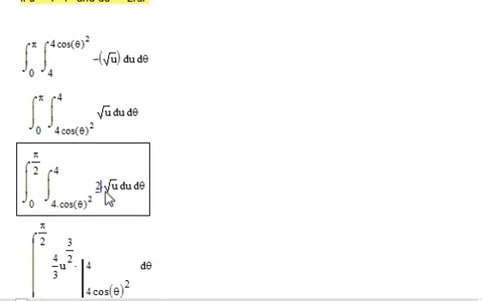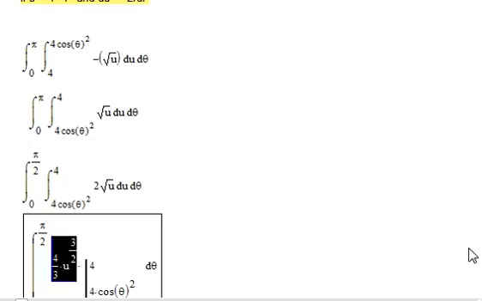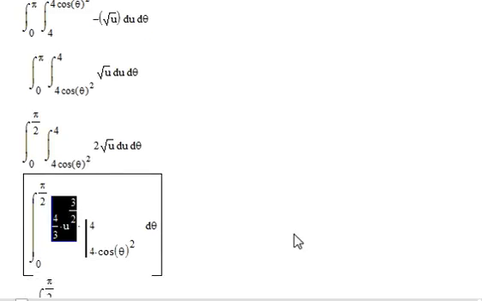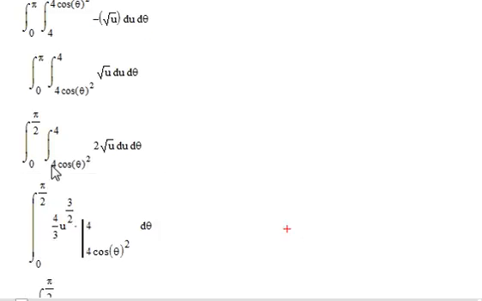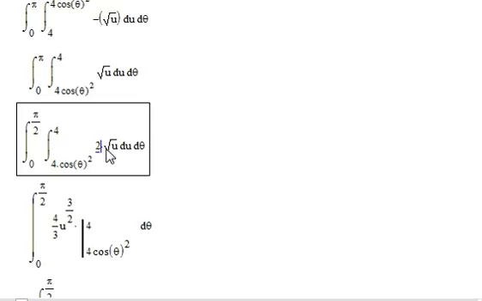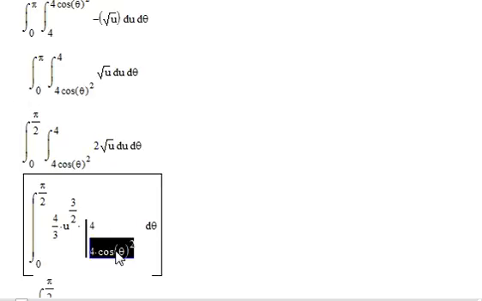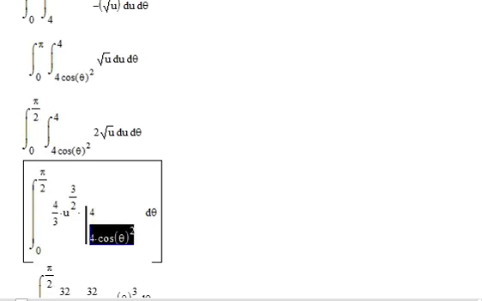And so integrating square root of u, we get 2/3 u to the 3/2. So our integral comes out 4/3 u to the 3/2. The 2 that was already here times the 2/3 gives us 4/3. Evaluated between 4 and 4 cosine squared.